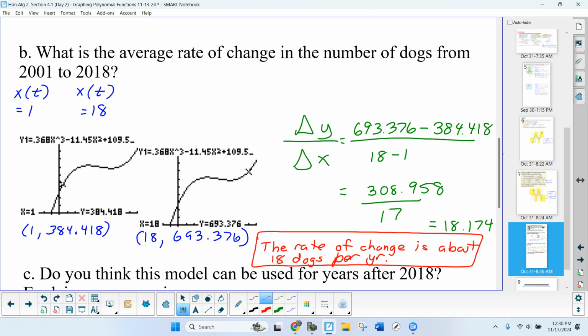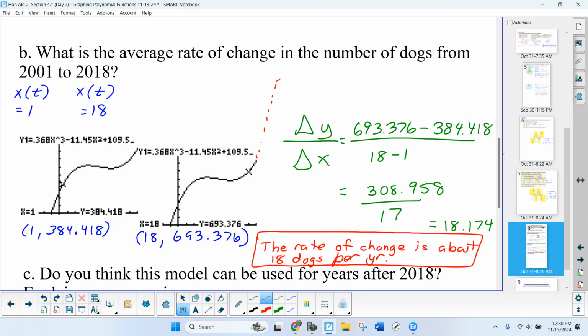Last question. What about, do you think this is a useful model for years after 2018? Well, since it is odd and it's positive, we know that this would keep doing what? Do you think the number of dogs would increase forever?